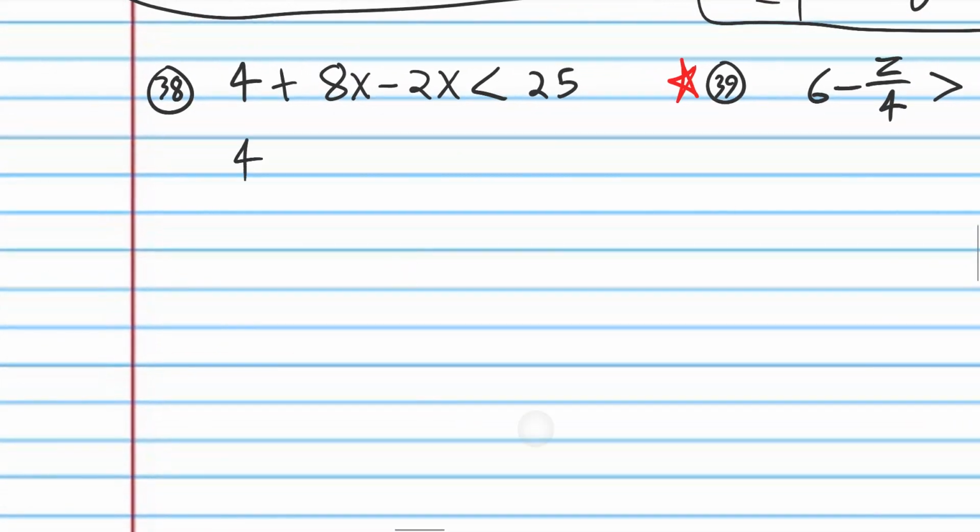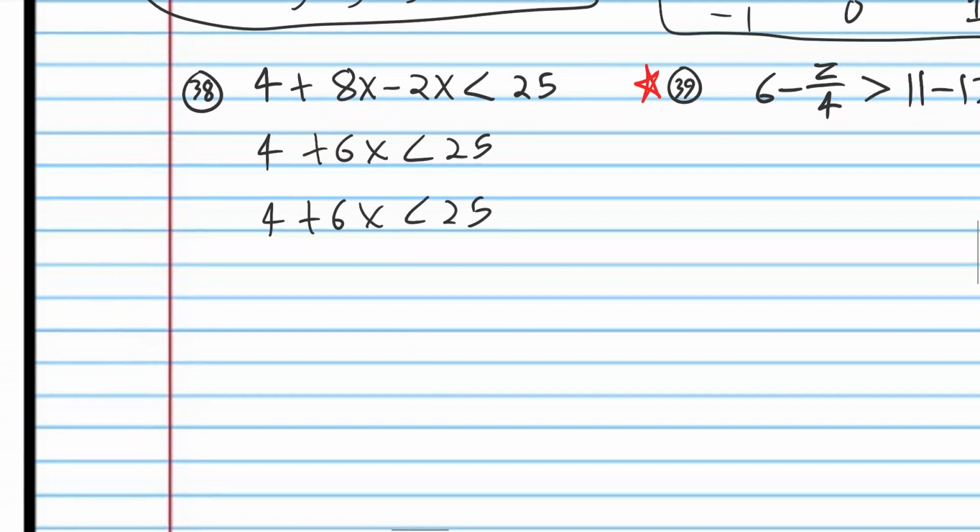All right, we're back. And in this case, we don't have to flip the inequality because we're not multiplying or dividing by a negative.